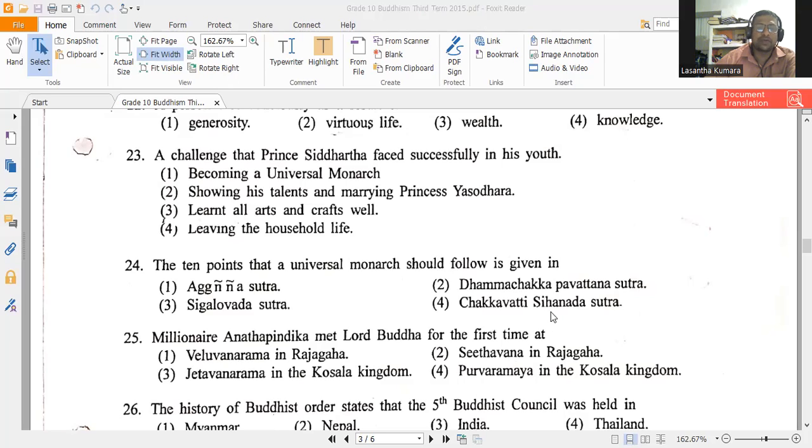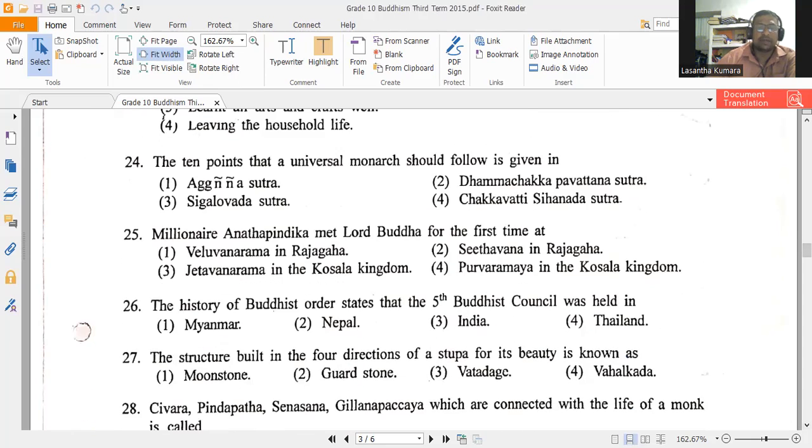In that sutra, you find the 10 points that a universal monarch should follow, because a universal monarch is the king who is fair and a just ruler.